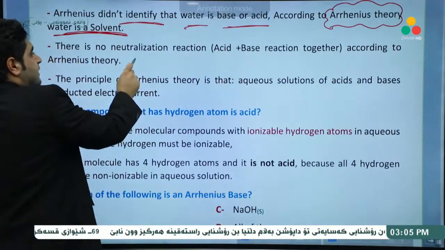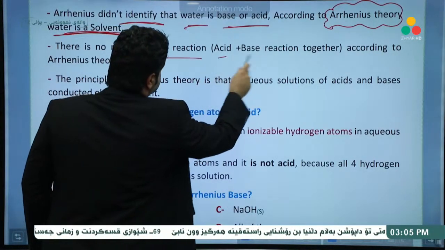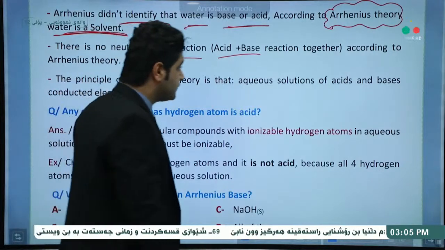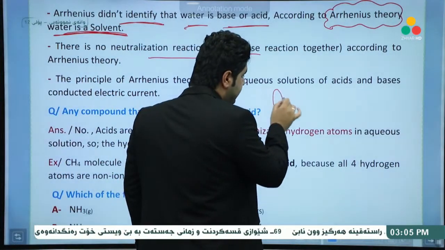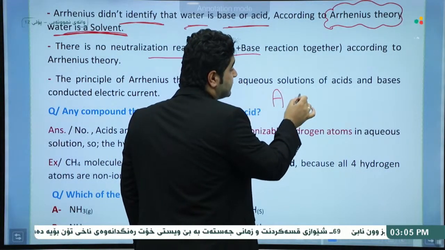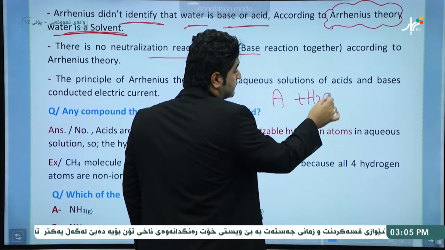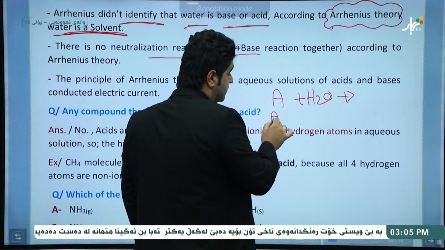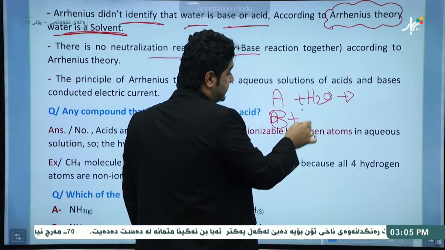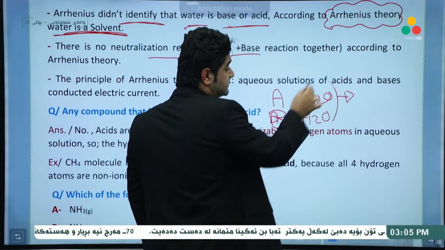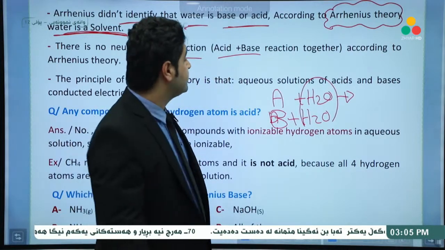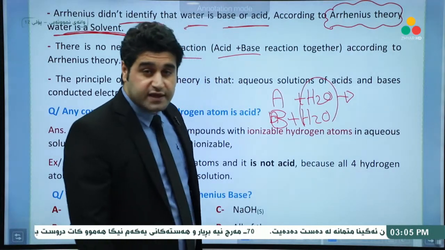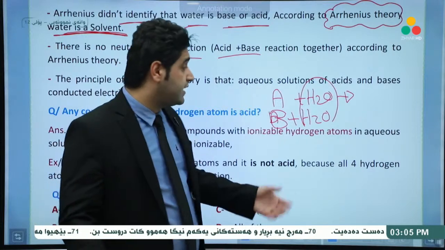There is no neutralization reaction, I mean acid-base reaction. Why? Because if we have an acid, the second reactant should be water. If we have a base, the second reactant should be water. And water is not an acid, and it's not a base either. So how can we get an acid-base reaction together?